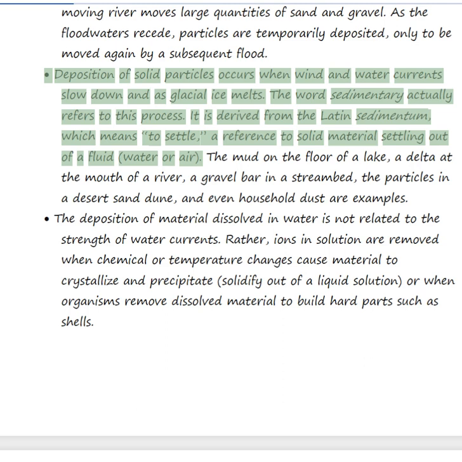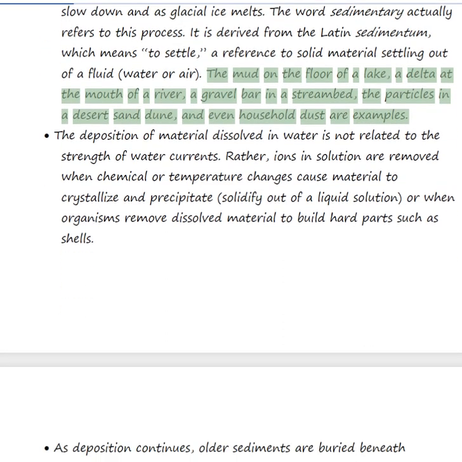The word sedimentary actually refers to this process. It is derived from the Latin sedimentum, which means to settle, a reference to solid material settling out of a fluid. The mud on the floor of a lake, a delta at the mouth of a river, a gravel bar in a streambed, the particles in a desert sand dune, and even household dust are examples.